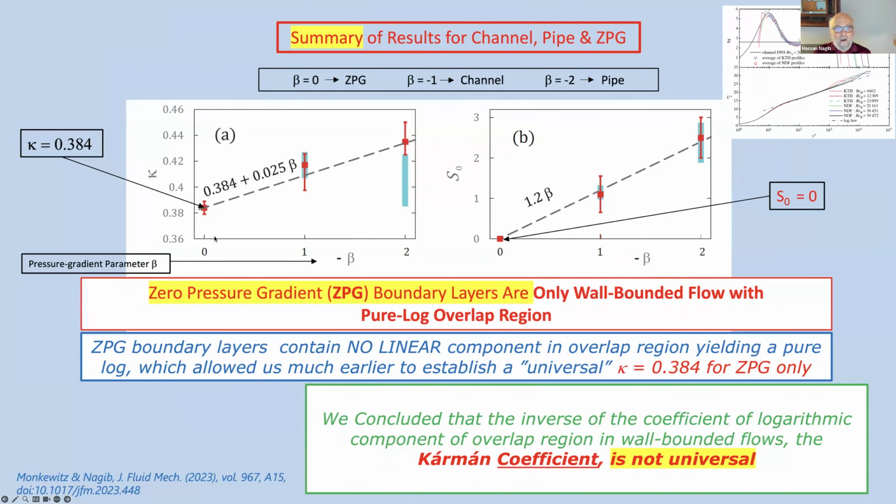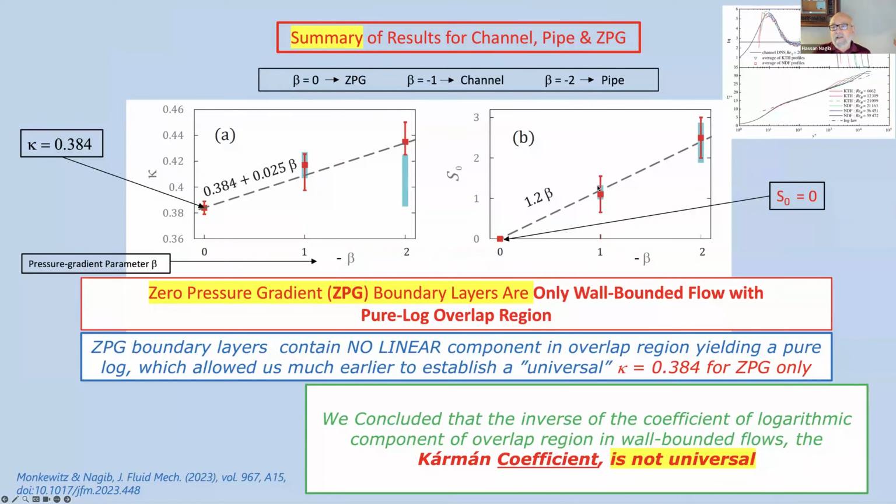So beta is the pressure gradient, and it's defined using outer variables. So it's not the beta that you use in adverse pressure gradient boundary layers where you use delta star. You actually use big Y. So for a channel, it's -1. For a pipe, it's -2. And for a zero pressure gradient boundary layer, it's 0.